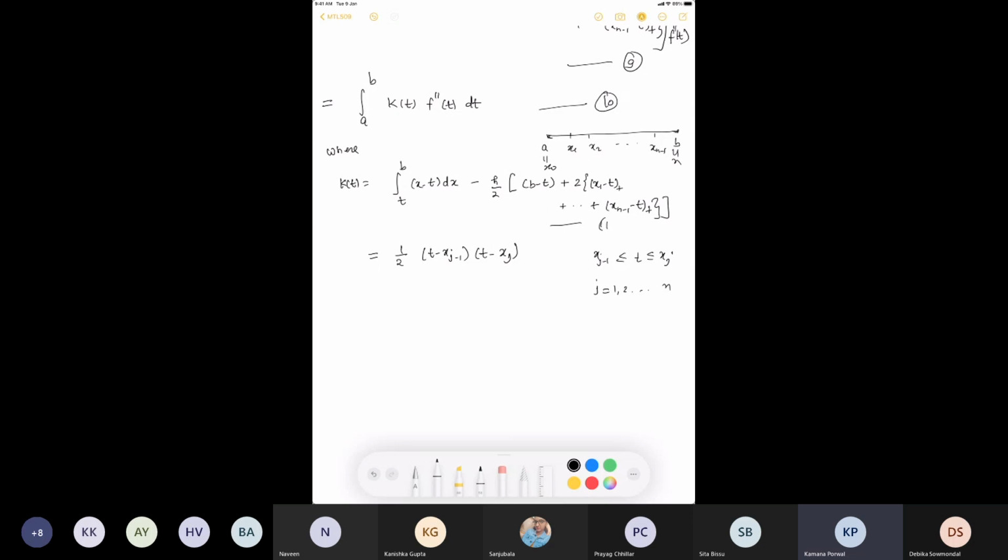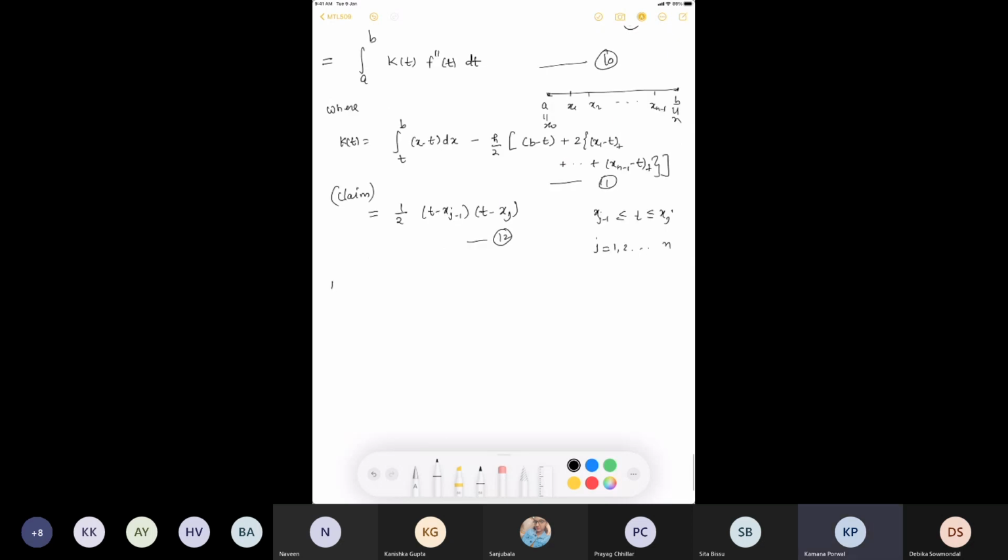Let's call this 11 and this 12. So this is my claim. So let's simplify Kt to really get that this is given by 12.